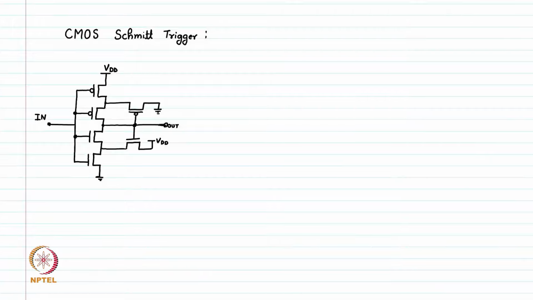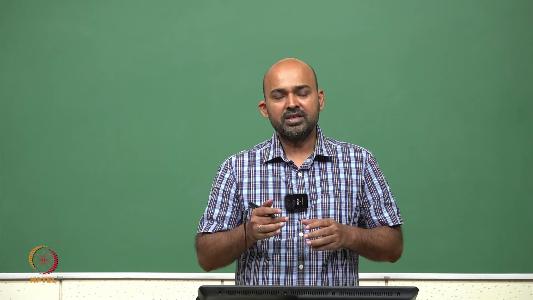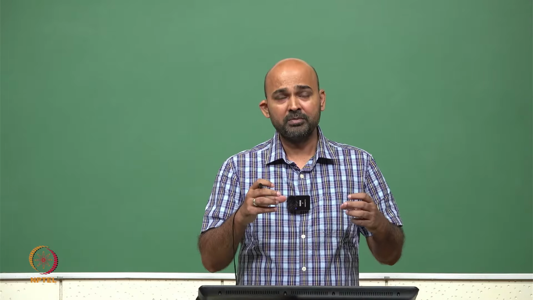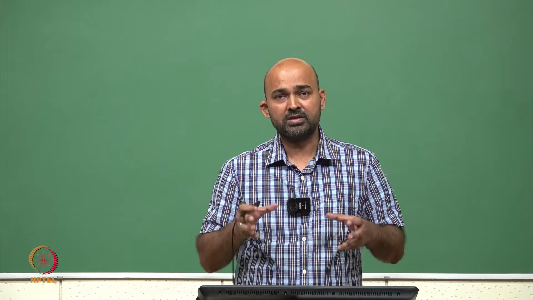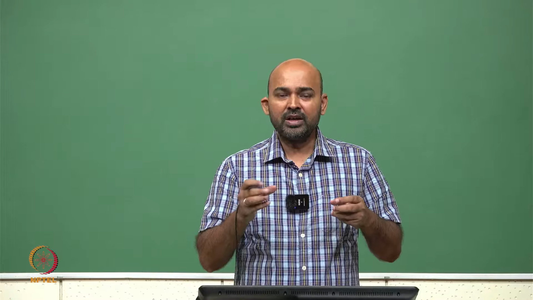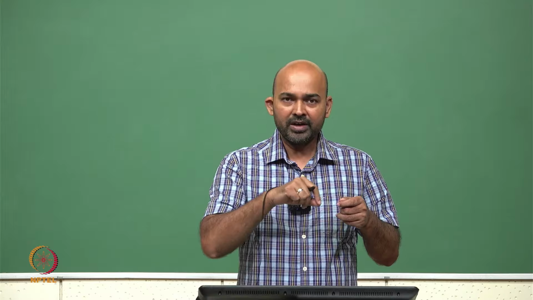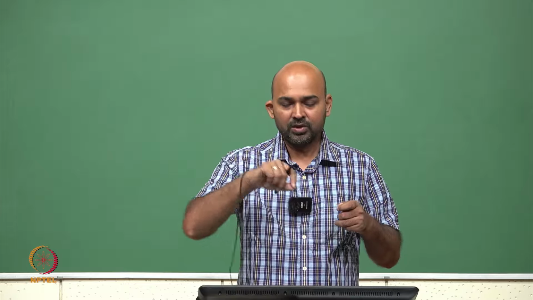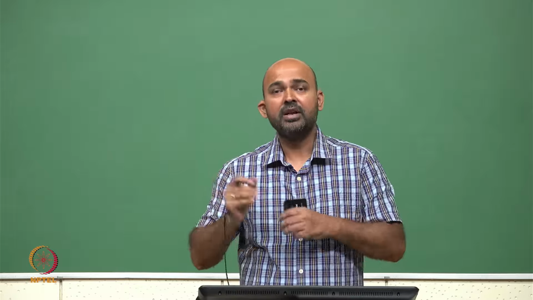The very first question is where we actually use these Schmitt triggers and why they are very important circuits. In many applications, for example, we have a chip which we want to connect to another chip on a PCB or in a substrate. How do we connect it? We lay down a wire, a piece of metal, from one pin of the circuit to a pin of a different IC.